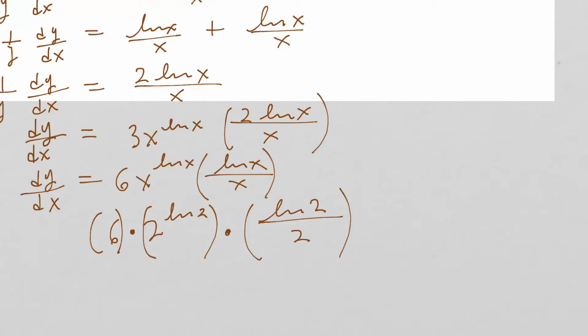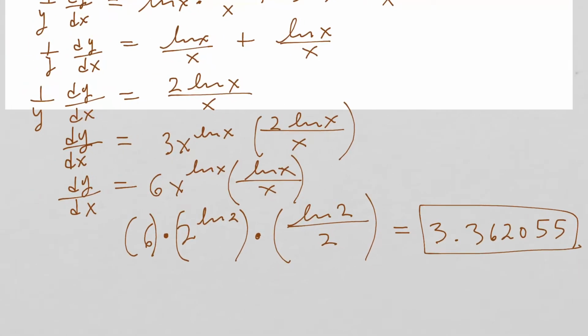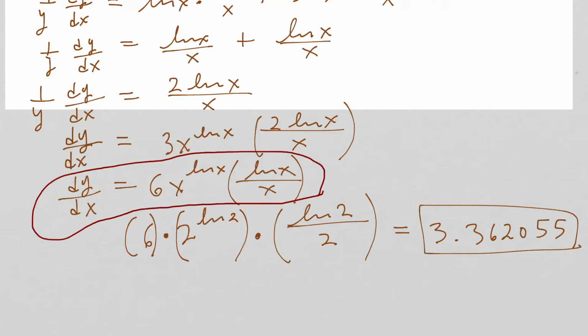And if you do that in the calculator, you should get 3.362055. Right, so this is evaluated. So here's my derivative with the 6, and here's my evaluated derivative, evaluated at 2, which I just typed into the calculator.